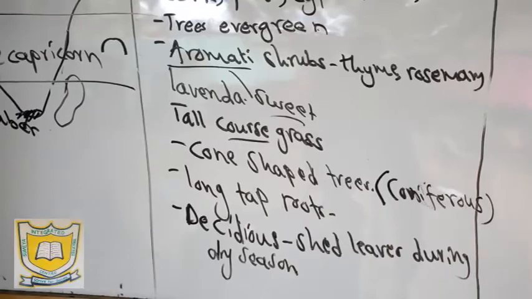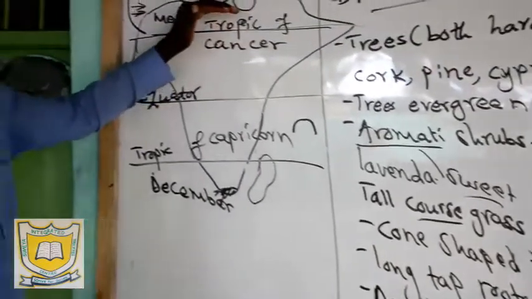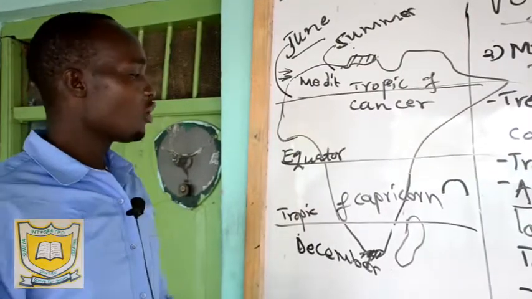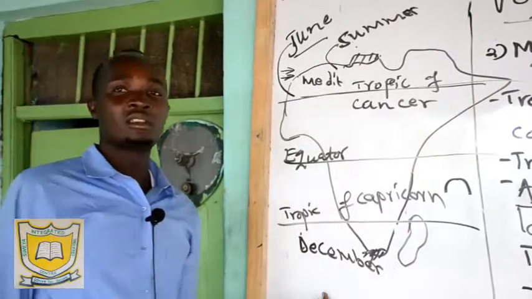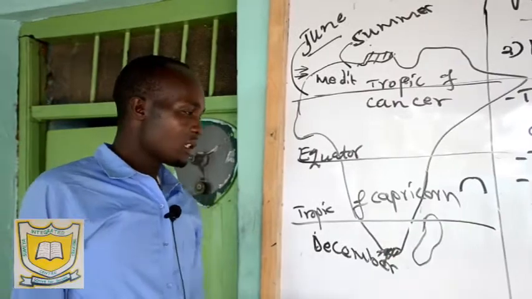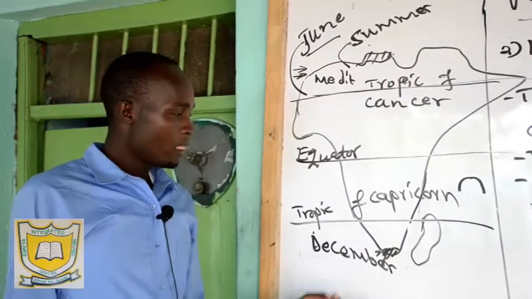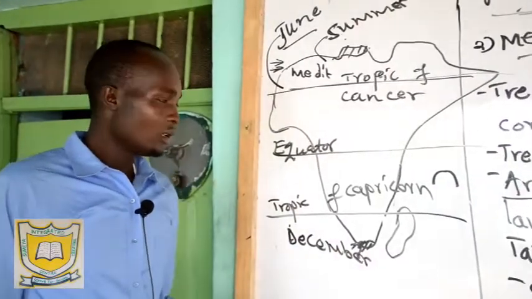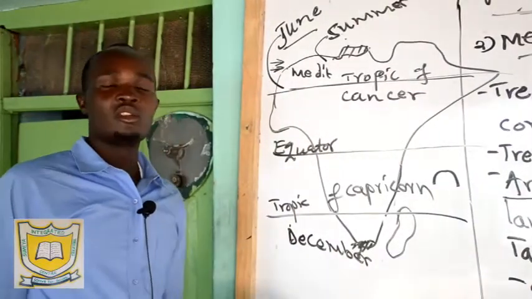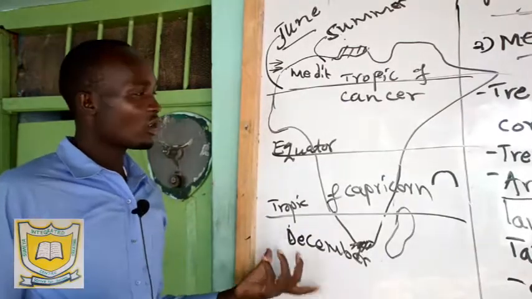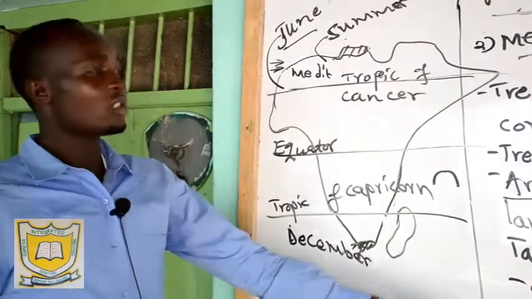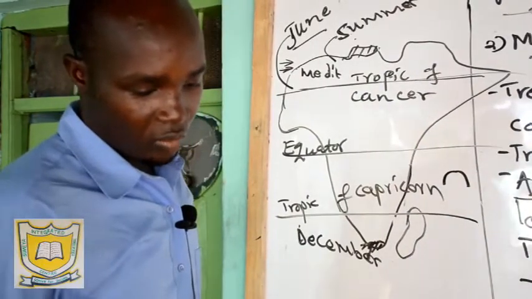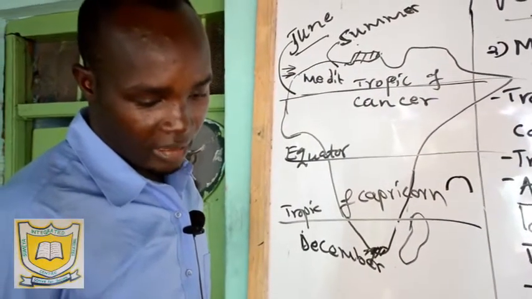We have said the regions like North Africa around Morocco, and these ones, experience summer when the sun is overhead. So in the month of December, these areas experience summer, which is a hot season. Then the trees here shed their leaves. All leaves fall from the trees to reduce water loss. So some trees here are deciduous, to reduce water loss.